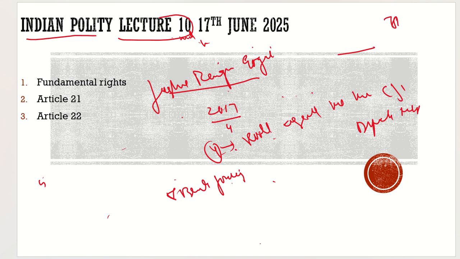So they first revolted against the CJI. He did not hurt them, and they called the media for that, and they highlighted the issue and told the people that democracy is under threat. So this was the case, and for this, Mr. Ranjan Gogoi was highly appreciated.